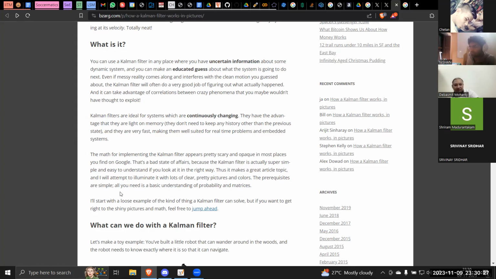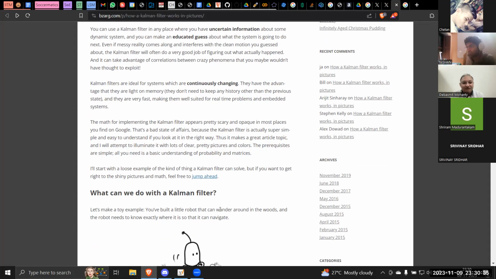The prerequisites are simple. All you need is a basic understanding of probability and matrices. I'll start with a loose example of the kind of thing a Kalman filter can solve, but if you want to get right to the shiny pictures and math, feel free to jump ahead.